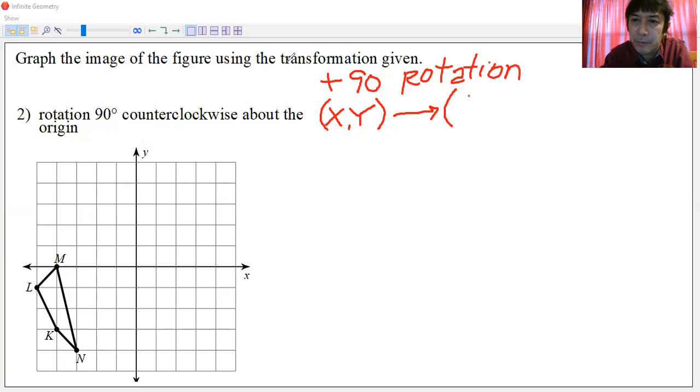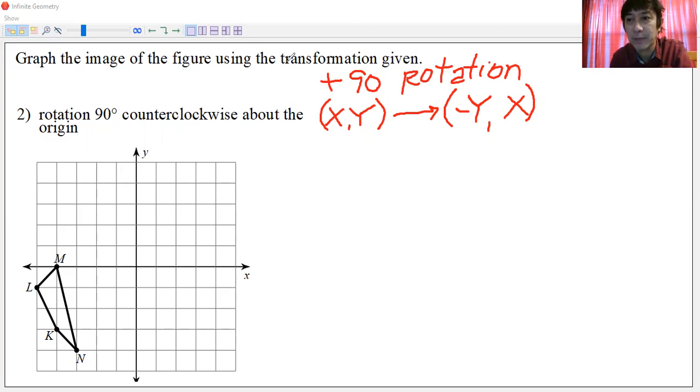So this is the rule: the x becomes y, and the y becomes x, and the value at the x position will be negated. This is our positive 90 rotation rule. You interchange and then change the sign that occupies the x values. Just remember this rule for positive 90 rotation.